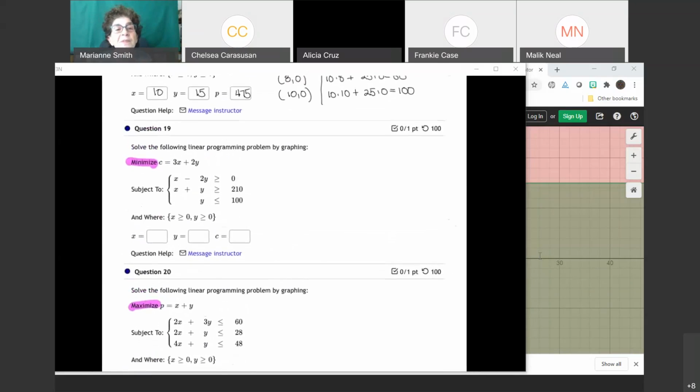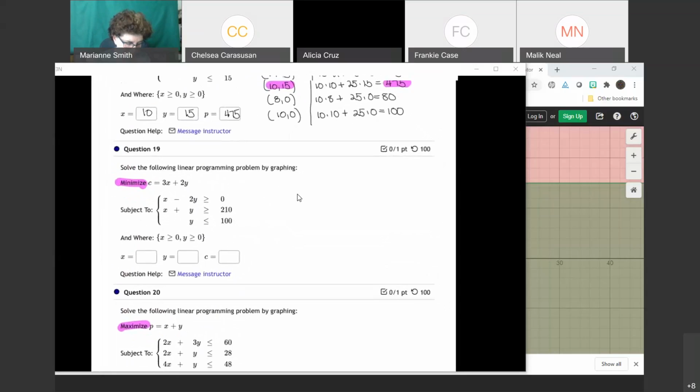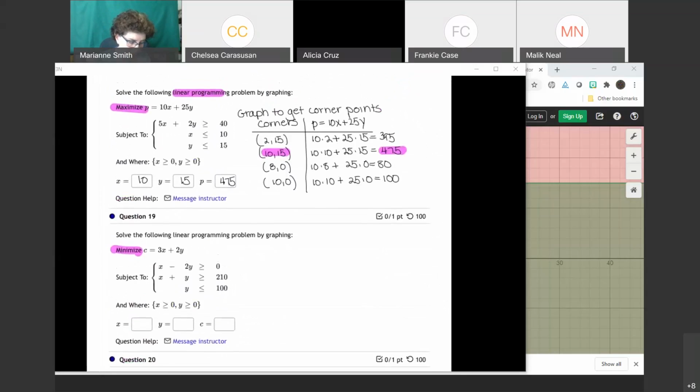The other two problems are pretty similar. You can see this is a minimization problem, so this may have an area that opens up rather than being a closed, contained area. Again, these are both done on Desmos.